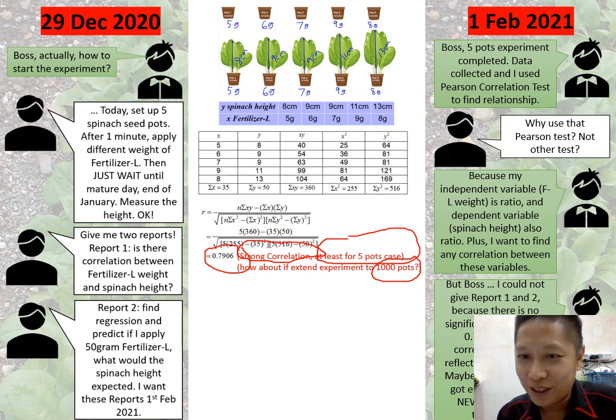I think I cannot give you the report 1 and report 2 because at the end, when I did the significance test, I found that there is no significant result, boss. And the 0.7906 strong correlation cannot reflect the 1000 pots case. I think maybe my experiment got some error. How about let me try a new experiment tomorrow?